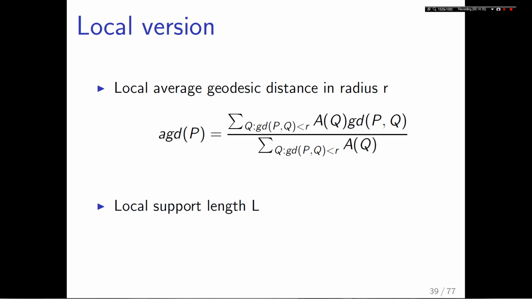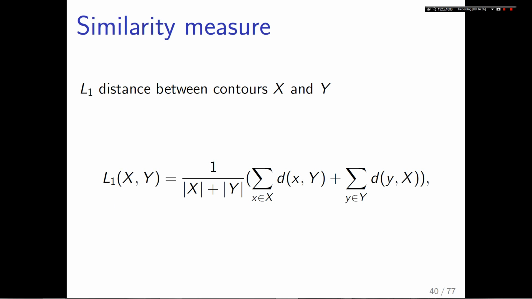And we have a local support of length L, which means we only use the points that have a geodesic length less than L to compute the local geodesic spin contour. And for similarity measure, we use the L1 distance, which is defined here. This distance looks like a warped version of one contour to another. It's not a Euclidean distance.